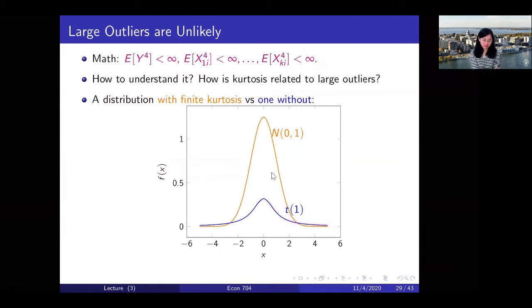The fact that the density dies out much slower determines that the probability that the random variable following the t1 distribution takes very large values is higher than for the standard normal random variable. And because it can take very high values with not too small probability, the fourth moment of that distribution is infinite. So that distribution has infinite kurtosis.